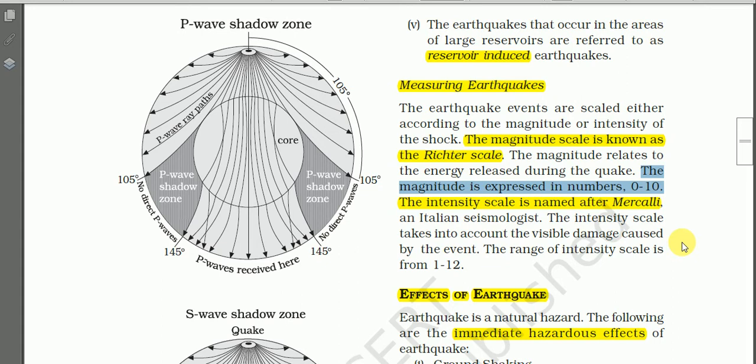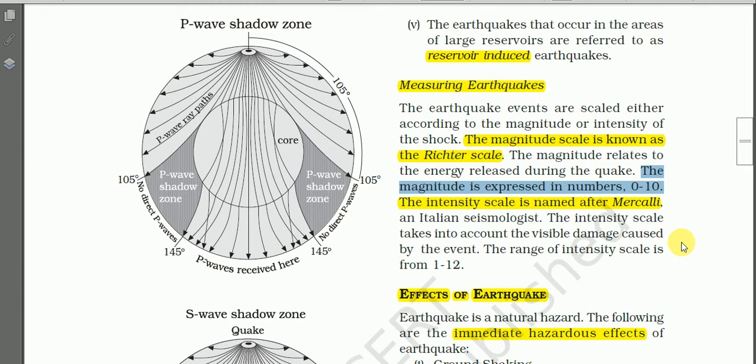Then what do you mean by earthquake magnitude? Earthquake magnitude is a measure of the size or amplitude of the seismic waves, the earthquake waves generated by an earthquake, and recorded by seismograph.